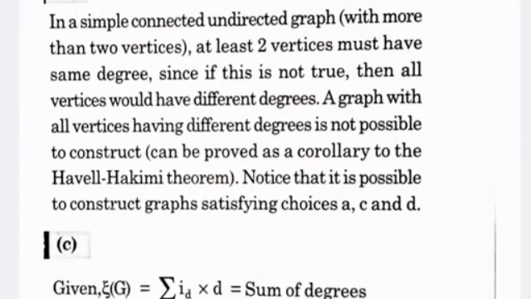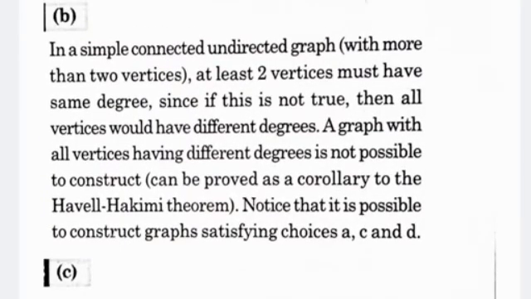Option B is correct, because in a simple connected undirected graph with more than 2 vertices, at least 2 vertices must have the same vertex degree.